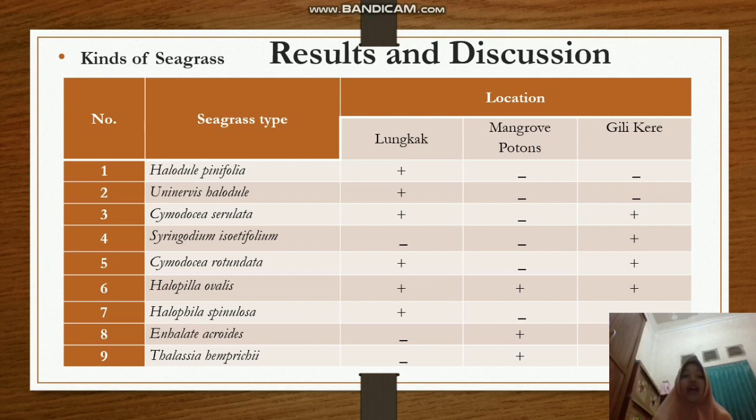These are Halodule pinifolia, found in Lungka. Halodule uninervis is found in Lungka, and Syringodium isoetifolium is found in Gilikiri. Cymodocea rotundata is found in Lungka and Gilikiri. Halophila ovalis is found in three locations. Thalassia hemprichii is found in Potonbako. And Cymodocea serrulata is found in Lungka and Gilikiri.